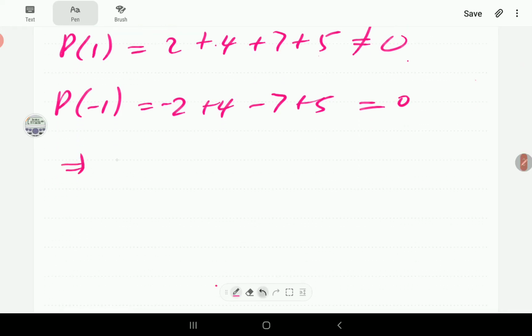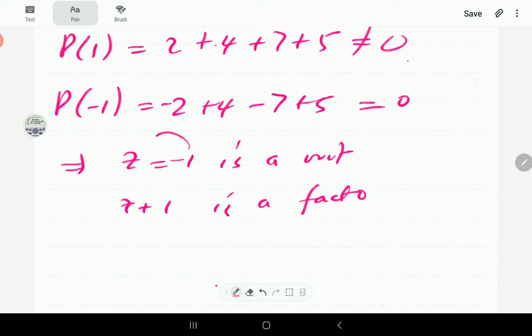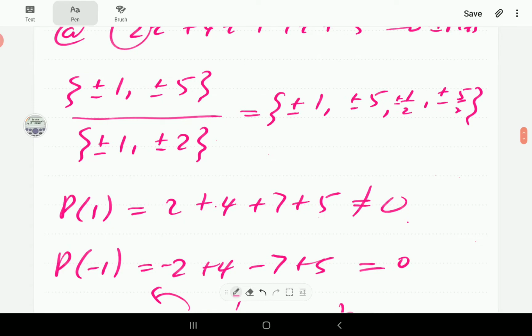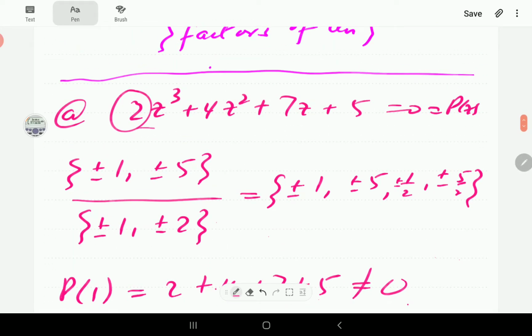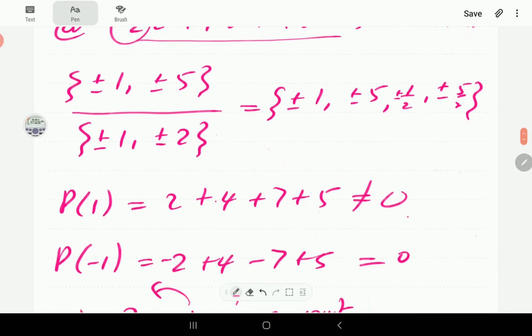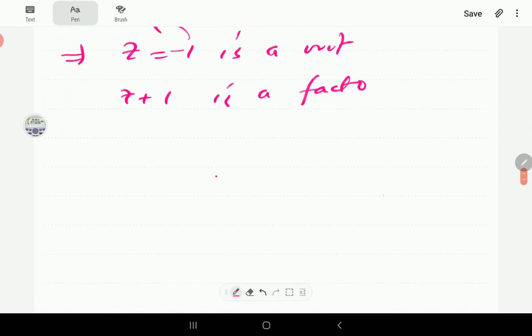So this is telling us that z equals negative 1 is a root, and also that z plus 1 is a factor, which we obtain by taking the negative 1 to the same side as the z. So we can divide this polynomial by z plus 1, and there should be no remainder.